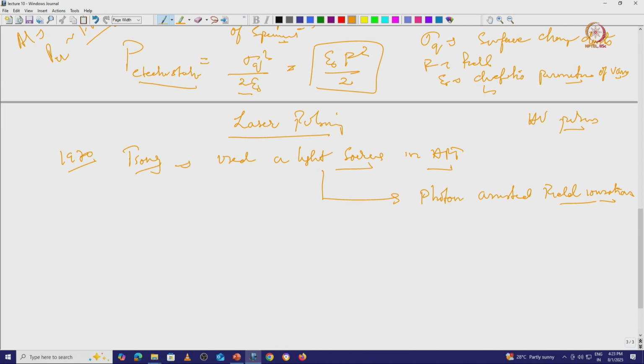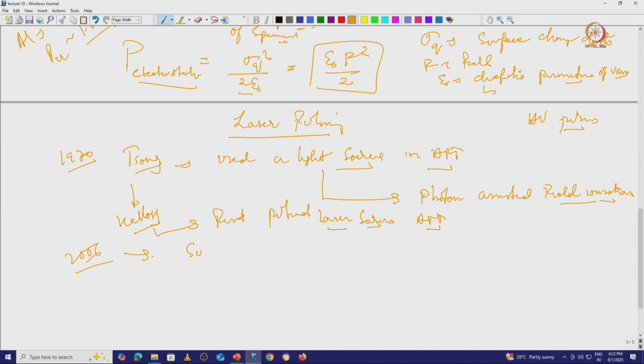Along with Kellogg, they used the first pulsed laser source on an APT. Since 2006 these laser sources have been available.